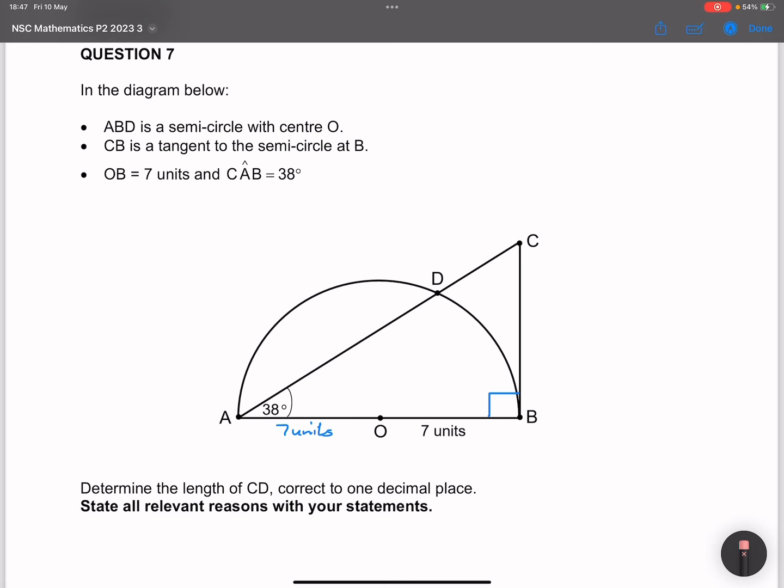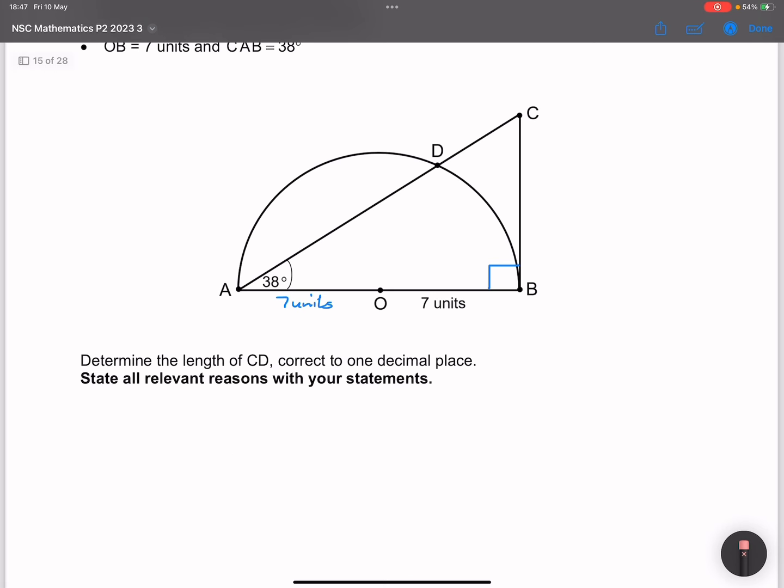So in triangle ABC, if you look at that, angle ABC, or rather angle B, will be equal to 90 degrees. That's the angle at a semicircle.